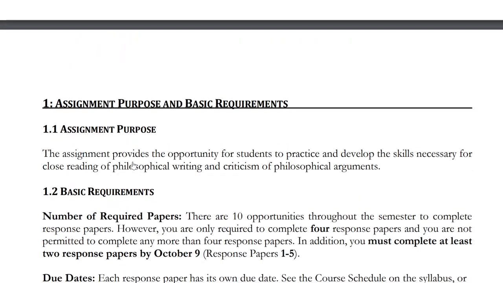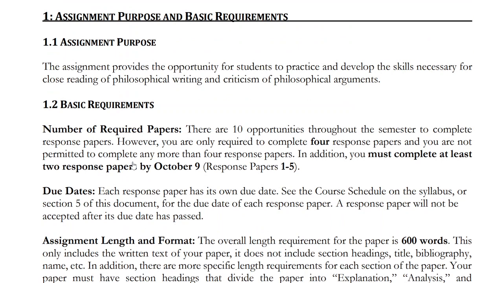So let's begin by saying a few things about the basic purpose of the assignment, what you're doing. The purpose of the response paper assignment is to give you some practice with some fundamental philosophical skills. Those skills are reading philosophical texts closely, engaging with the argument of the text, and criticizing the argument.